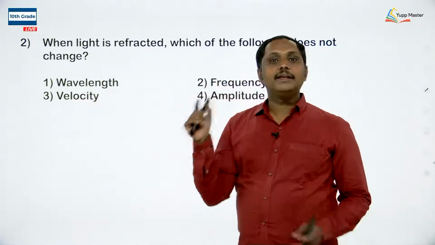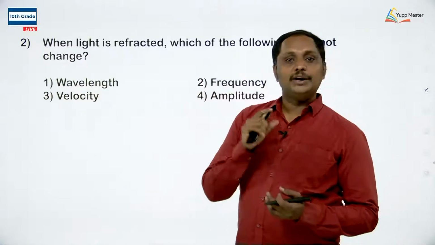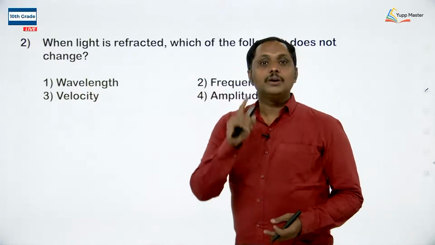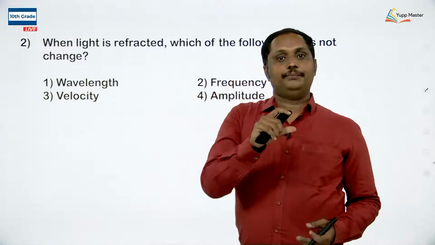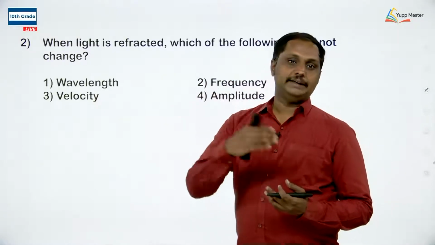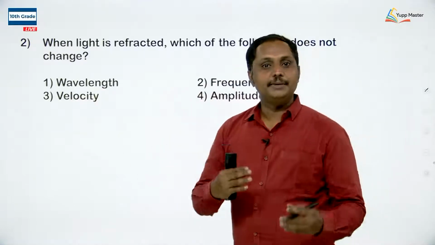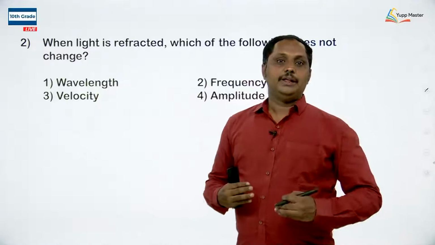Whenever light rays enter from one medium to another medium, what happens? Let us see. Light is a form of wave. Light possesses dual nature, wave nature and particle nature. It travels from one medium to another in the form of waves.